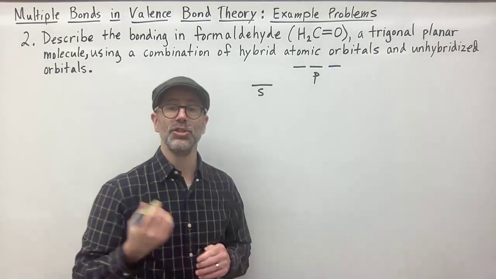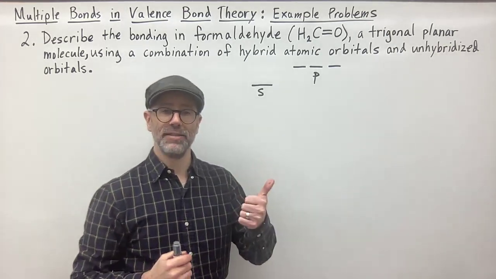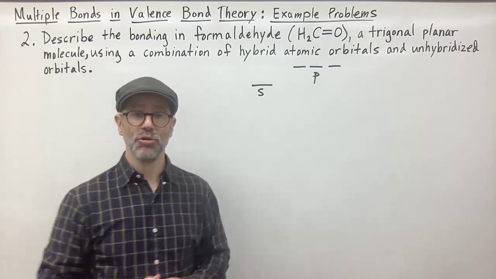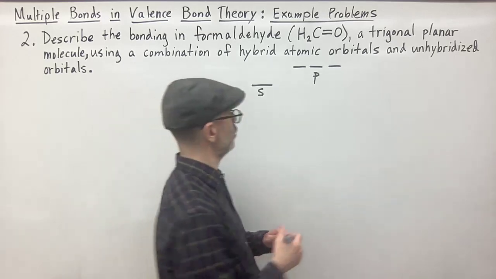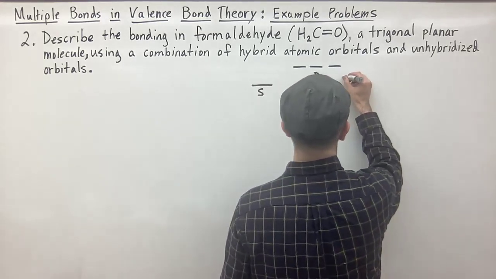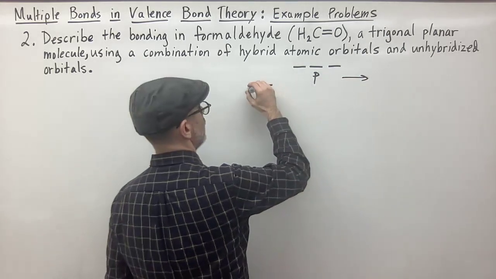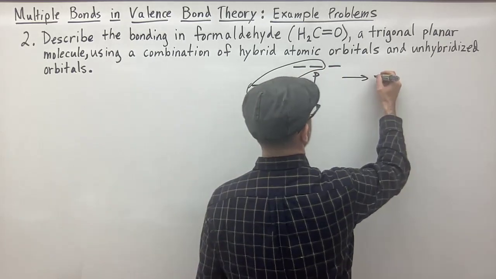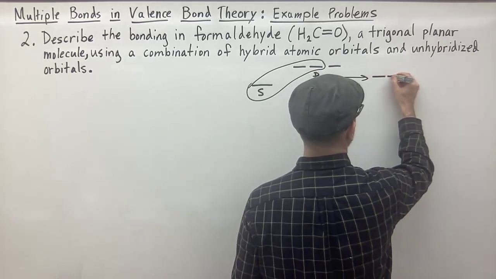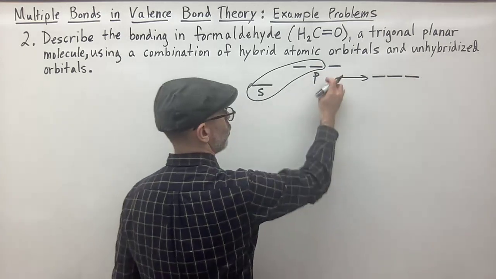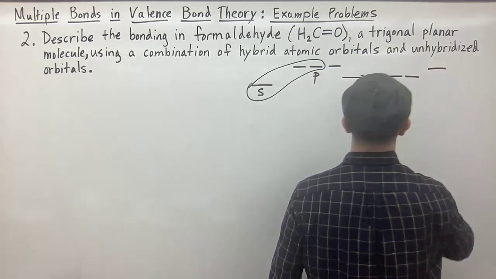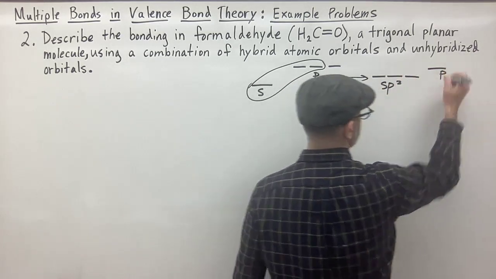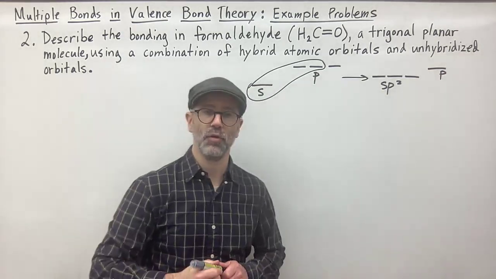And if it's sp2, meaning that you got one S and you got two P's combined together to form 3 sp2 hybridized orbitals that are equal energy, what that's going to look like is you've got the S and two P's, and these are going to be a little bit higher than the S but lower than the P, and that's going to leave one P left over. So we got sp2 hybridized plus a P. So we have one unhybridized p orbital left over.